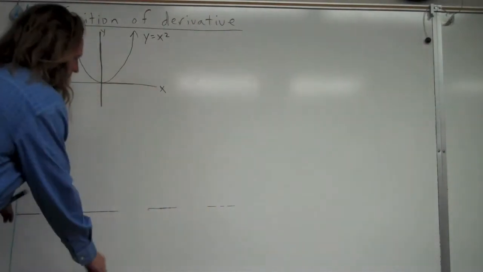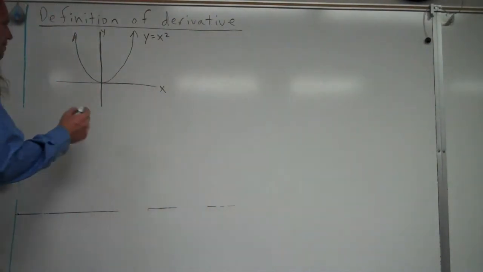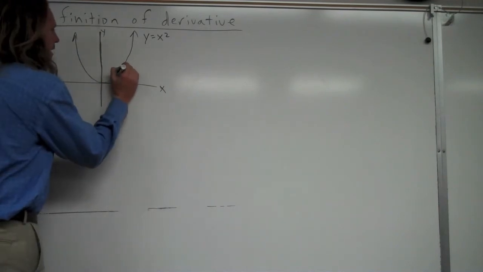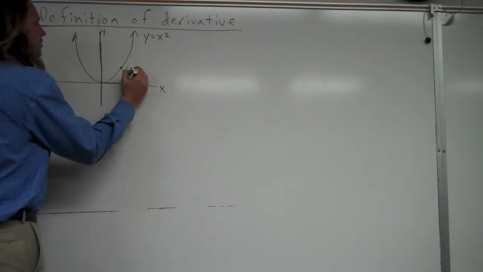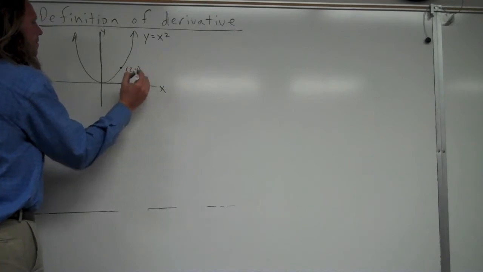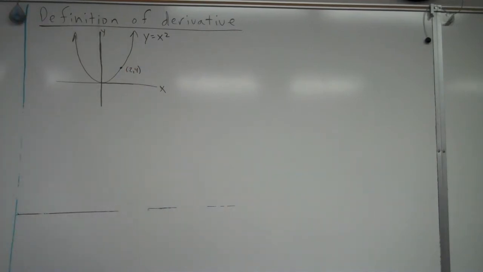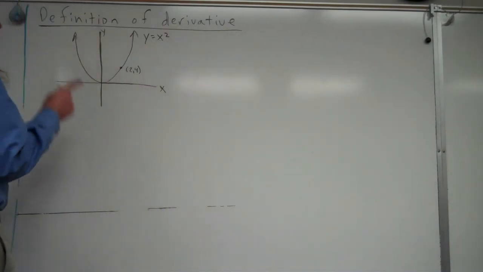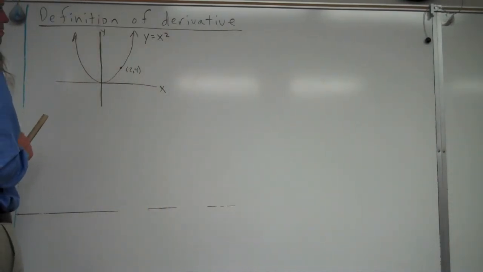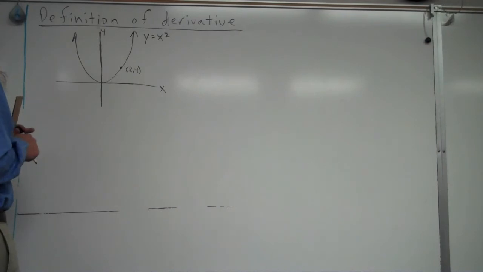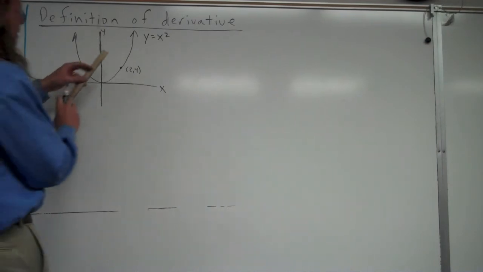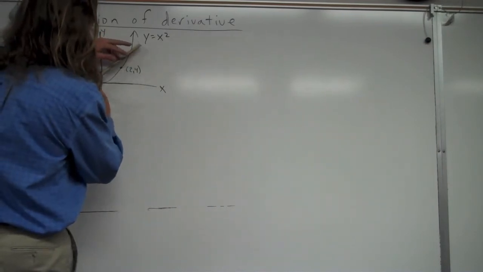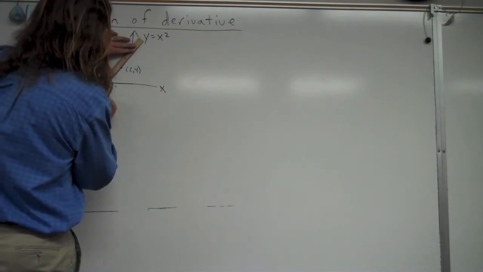That's our thought process. So we're going to start out with trying to find the slope on y equals x squared at the point 2, 4. It's as good a point as any. Now when we are trying to find the slope of this, I'm going to draw something called a tangent line to the graph at this point, just so we can see what the slope looks like.